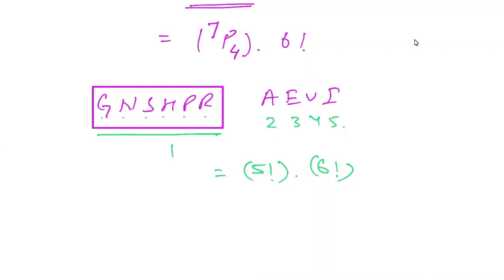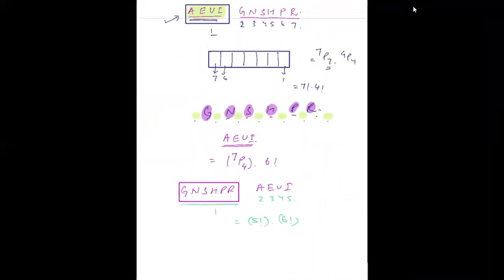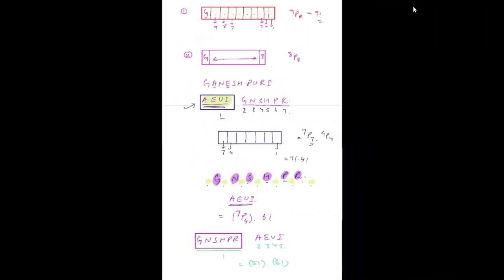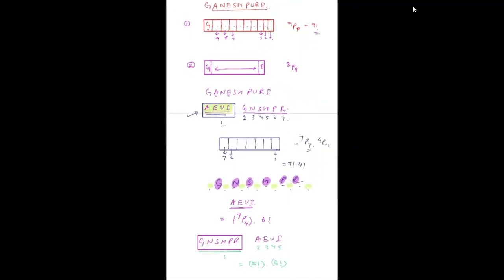Hope everyone is getting this. How many of you got all correct? Just note down carefully. First case is for starting with G. Second case is for starting and ending with G and I, the fixed positions. Third is all the vowels are together.